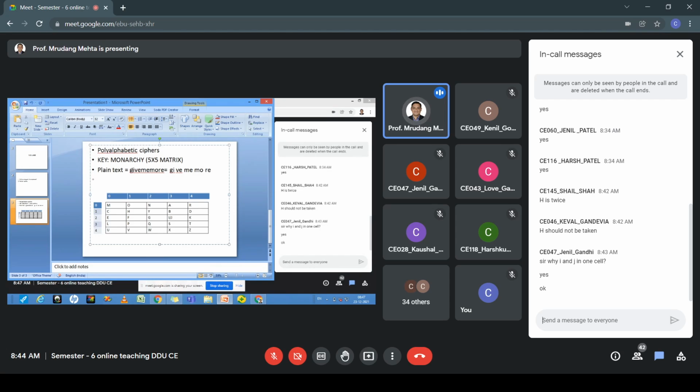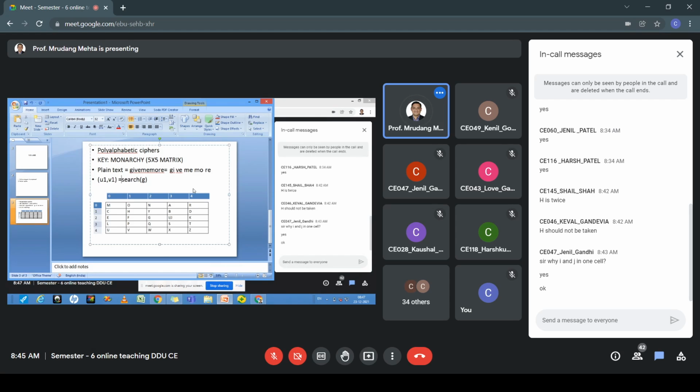Now we want to find out an encrypted text for these characters. So what we have to do is perform a search for G. Find out the location of character G in this matrix and call it U1 V1, right?